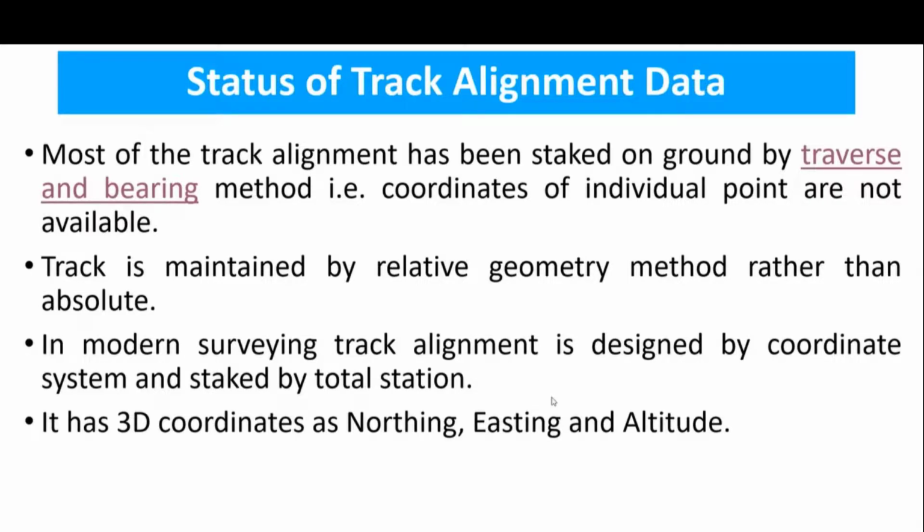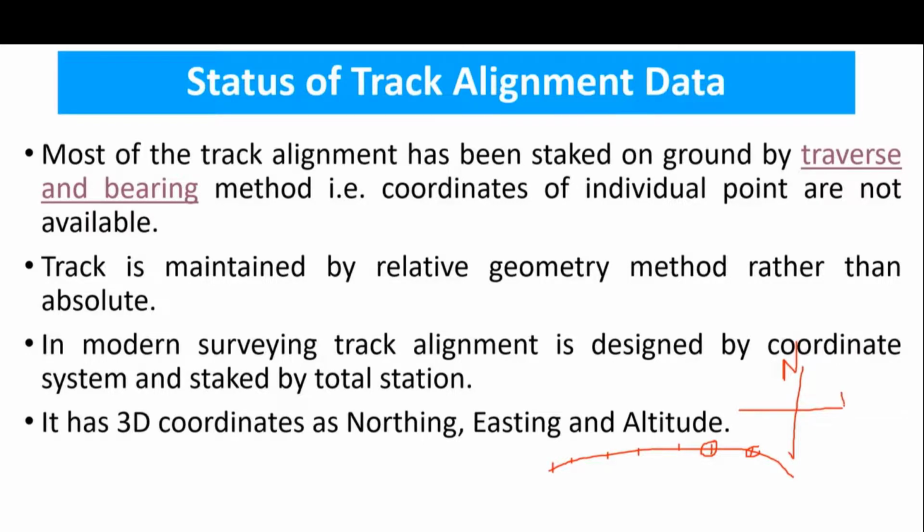Say like this curve is laid, and every point on this alignment has a definite coordinate. This point has a northing, easting and altitude.